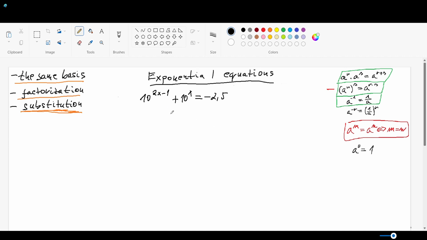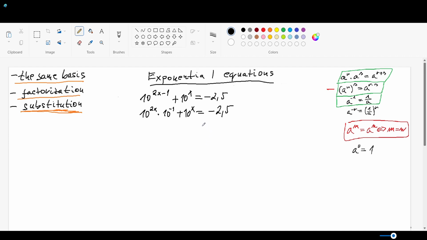So in this case you try to rearrange your equation like 10 to the power of 2x times 10 to the power of -1 plus 10 to the power of x is equal to -2.5.